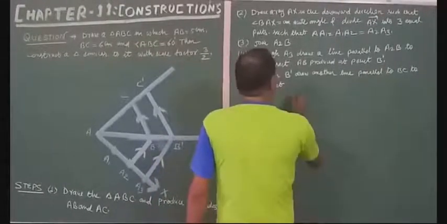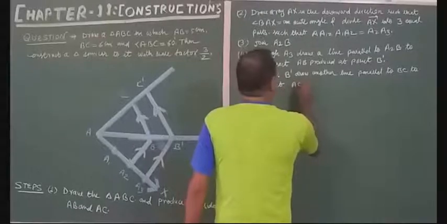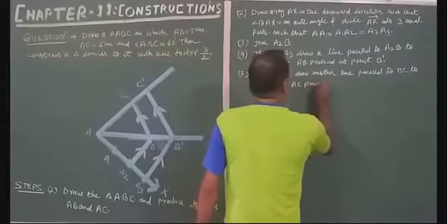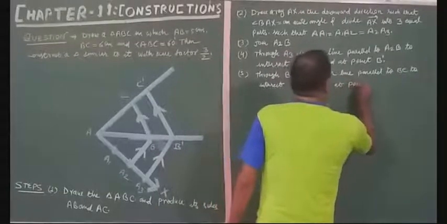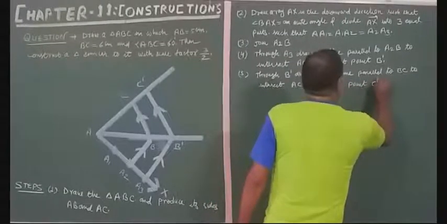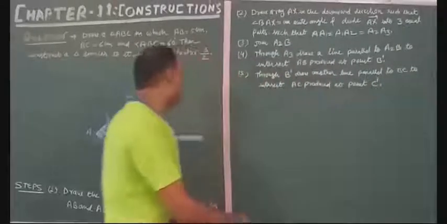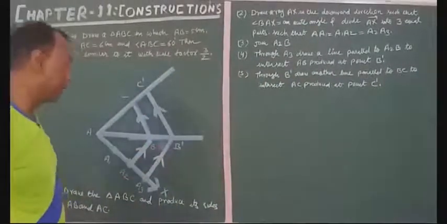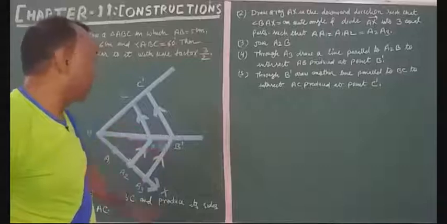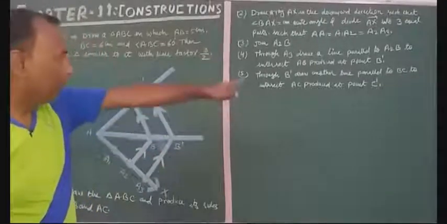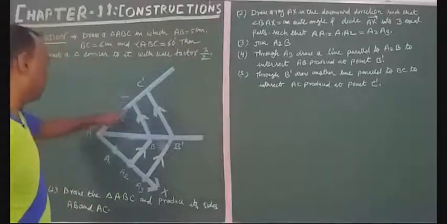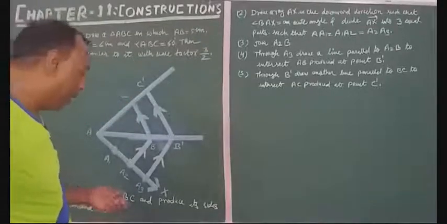To intersect AC produced at point C dash. What we did in this step? Through point B dash, draw another line parallel to BC to intersect AC produced at point C dash. And this one.